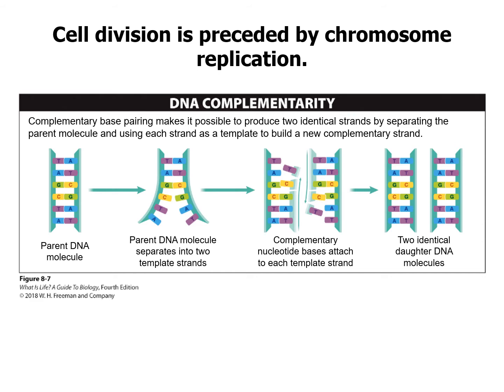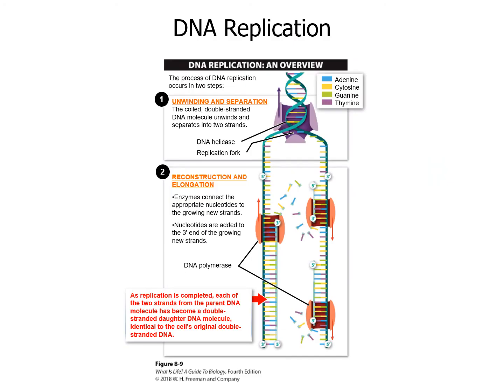So how DNA replication occurs is we're going to have an unwinding and separating of that coiled up helix that we were talking about in the last lecture. So what happens is we have this molecule that's essentially going to unwind our ladder.